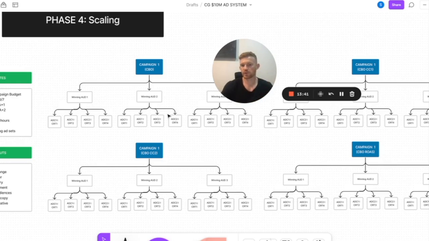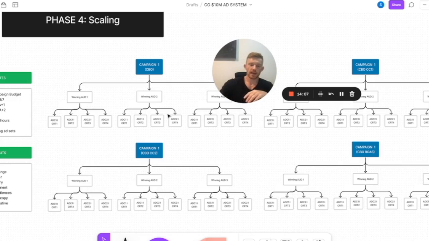So if you have 12 winning ad sets, you could actually turn that into at least 16 scaling campaigns. So you can see, using this strategy, we are able to scale very dramatically based off a very small amount of ad sets. And if you have 20 ad sets that are within KPI during the testing phase, then you can scale even quicker as well.